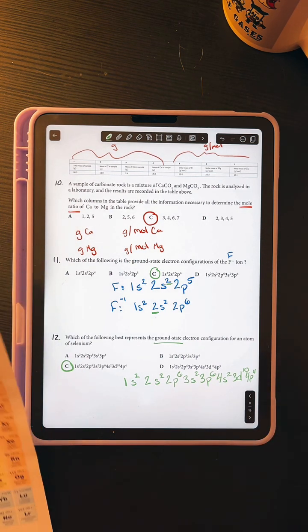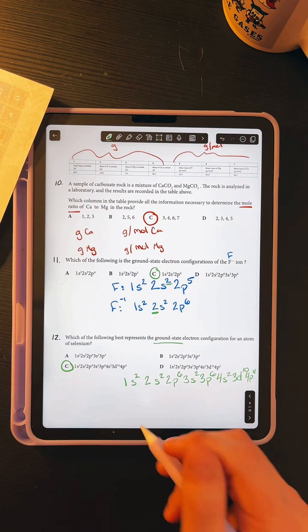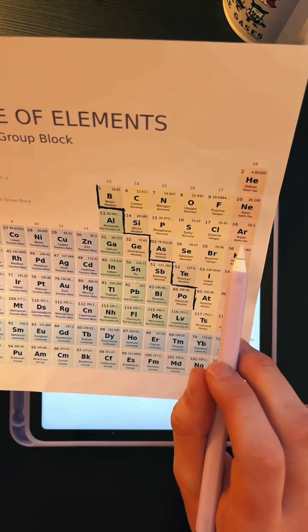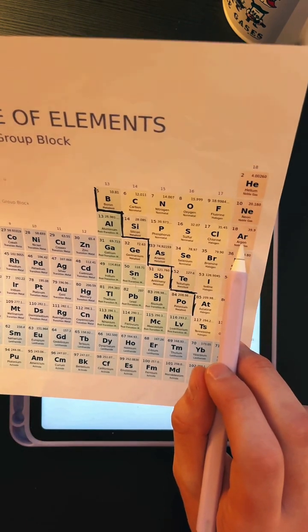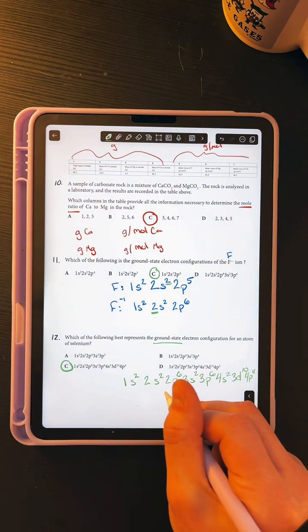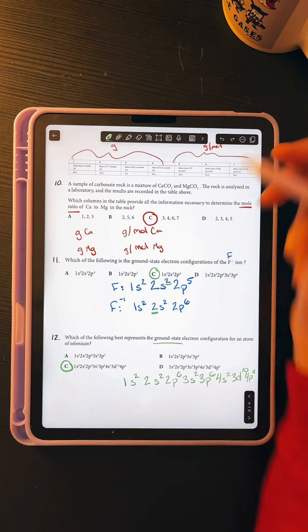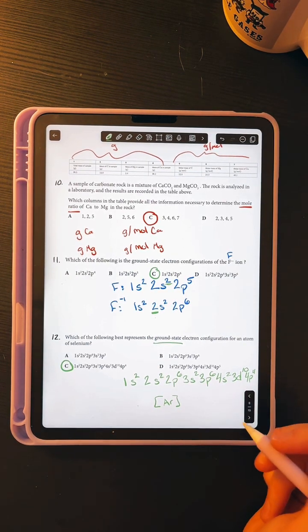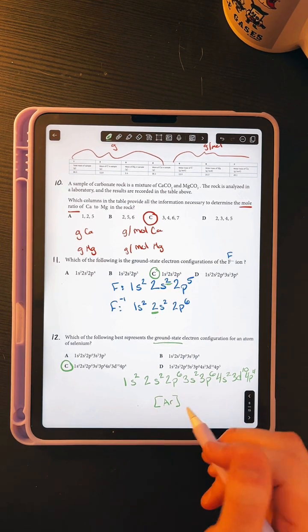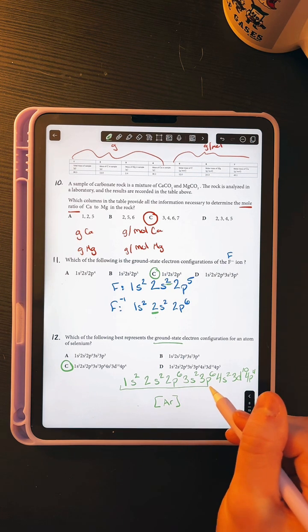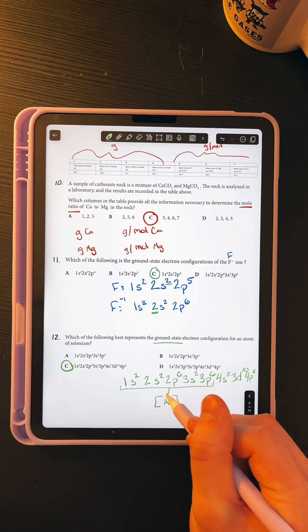We have a shorthand called the noble gas shorthand. The noble gas shorthand means we take a look at selenium, where it is, and we go backwards until we get to the last noble gas that it passed. And the last noble gas that it passed is argon. So we're going to put argon in brackets, and this bracketed argon is telling us that all of this is in there.